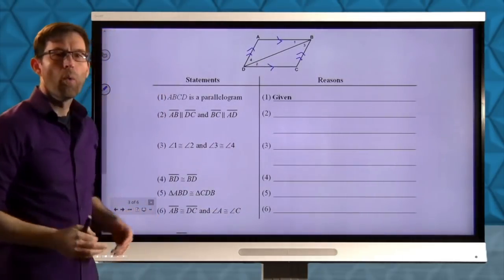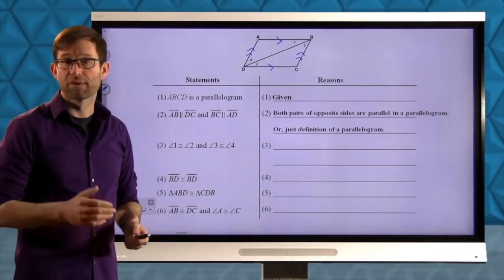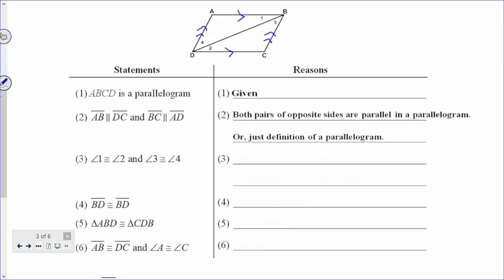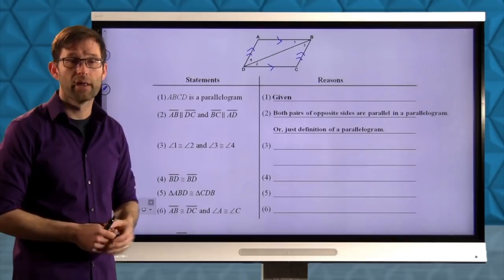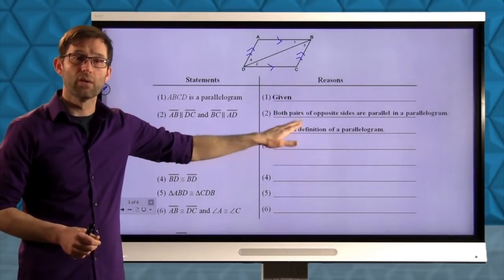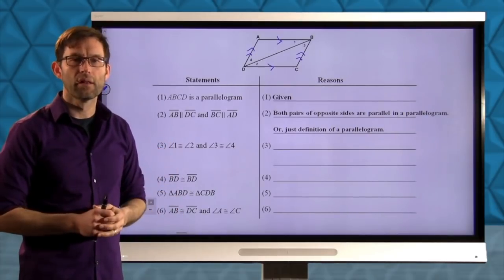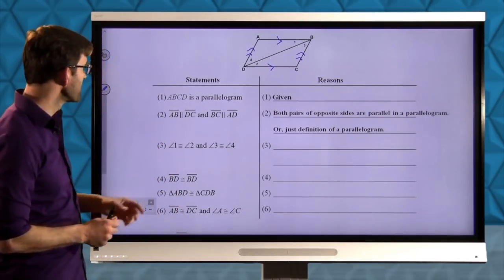Well, why is that? You can say it in two different ways. You could say, look, both pairs of opposite sides are parallel in a parallelogram. Or, and I think this is completely okay, you could just say it's the definition of a parallelogram. Pay attention to what your teacher would prefer in that step.